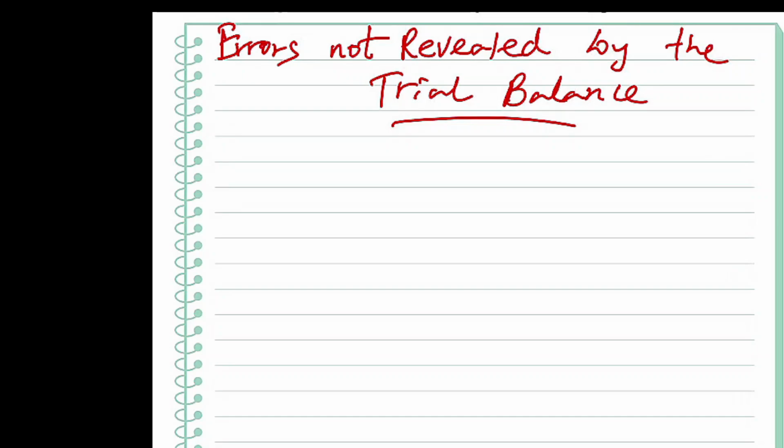Number one, a transaction has been omitted. You know how to write it, omitted? What is omit? Get rid of, missed out.